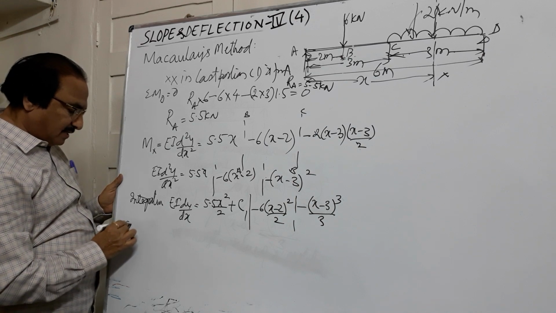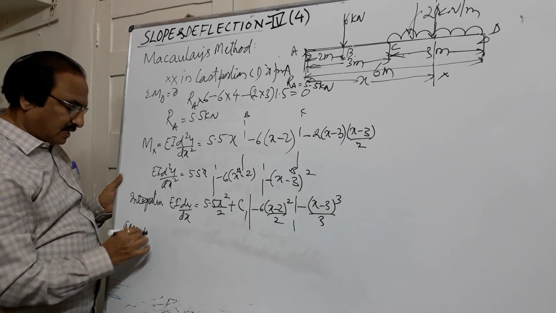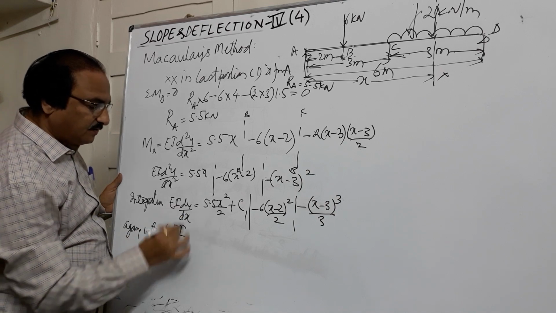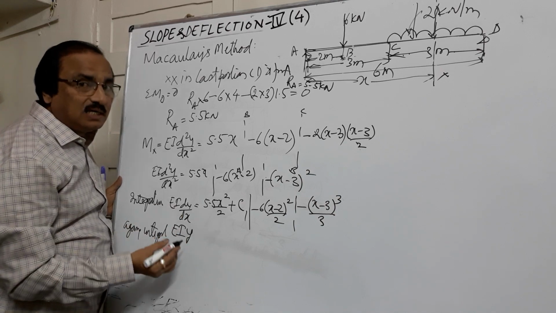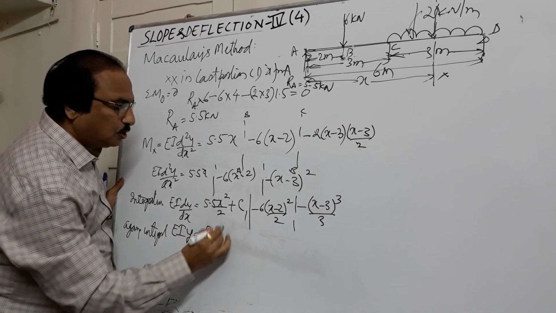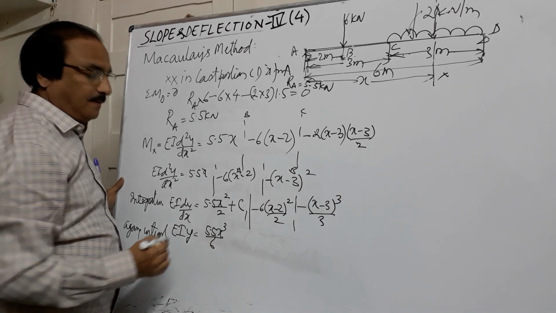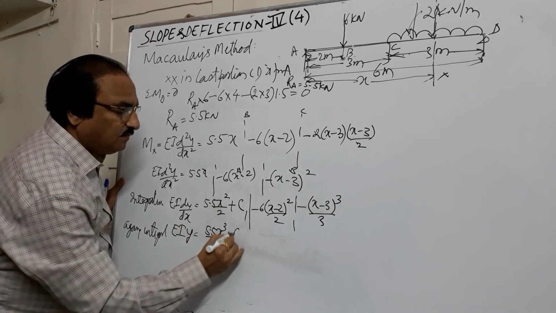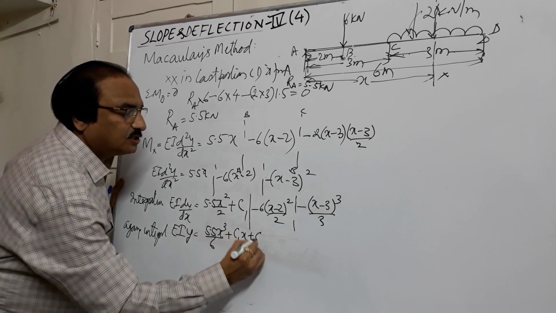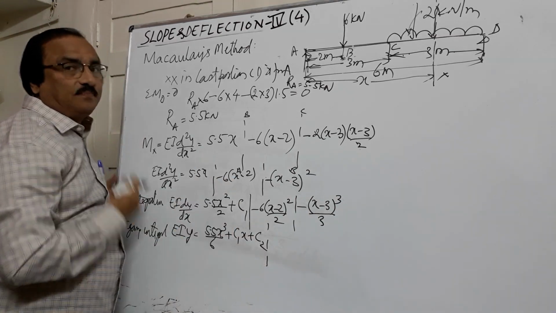Again integrating, you get EI y, integration of dy by dx is y, and y is nothing but the deflection. So this will be equal to 5.5 x cube by 6 plus c1x plus the second constant of integration c2. This should also be in the first portion only.